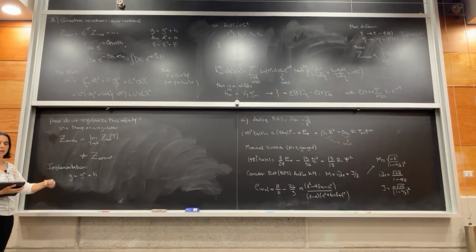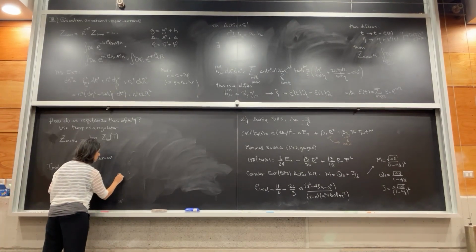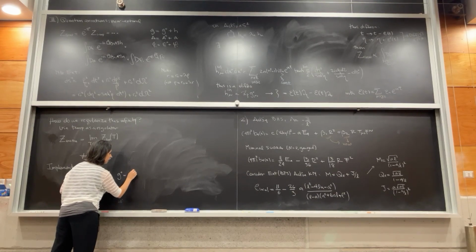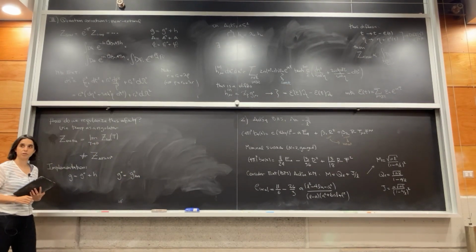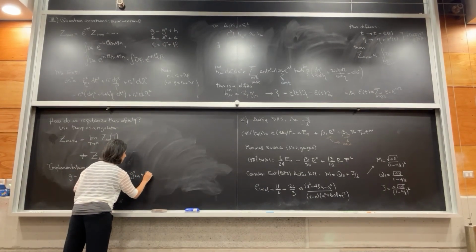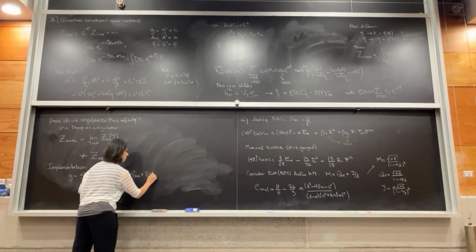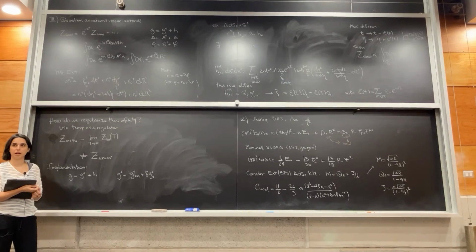That's why this is called near-extremal. I'm going to take G0 to be the extremal part, the AdS2 times S2, and then the first correction that you get as a classical solution because you increased a bit the temperature of the black hole.